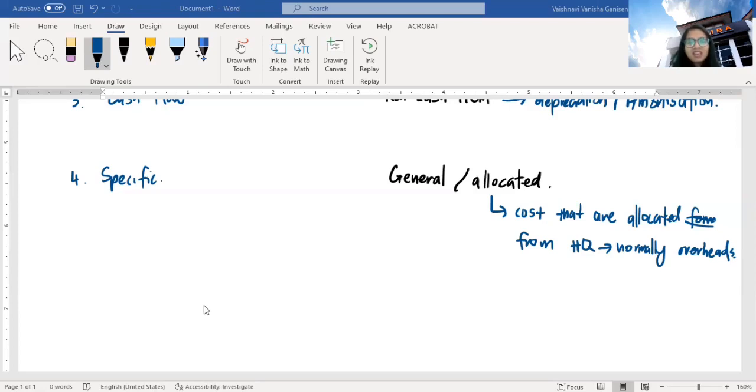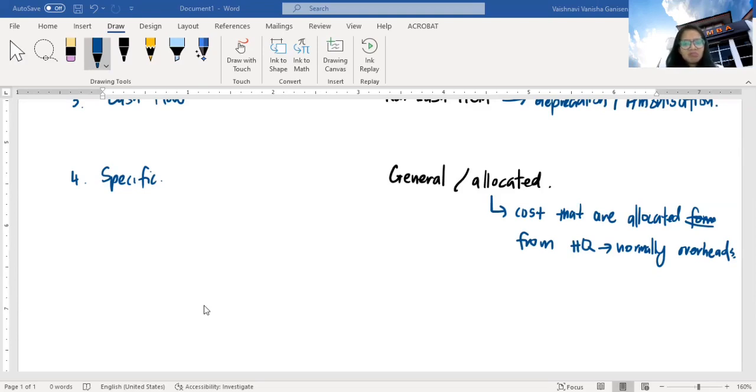Normally these are the little things that your examiner will include. You just need to be a bit more careful, because sometimes he might use very confusing terms, so make sure you identify all the costs appropriately.